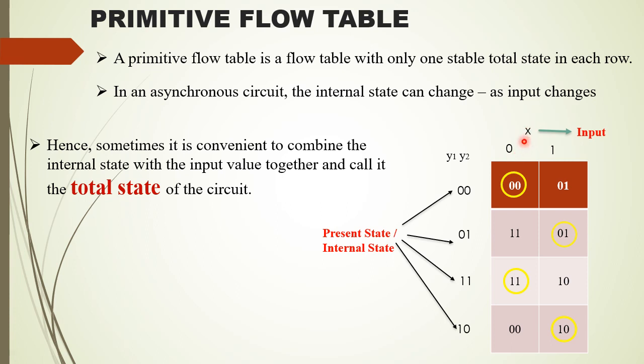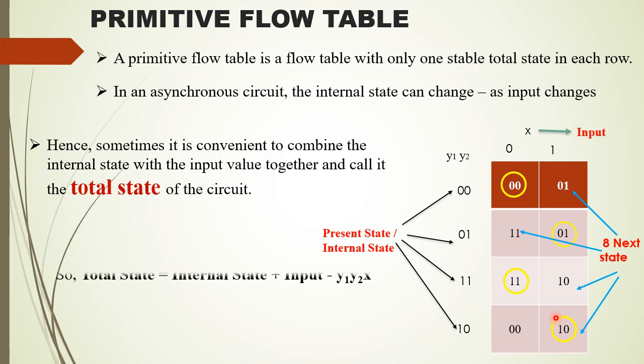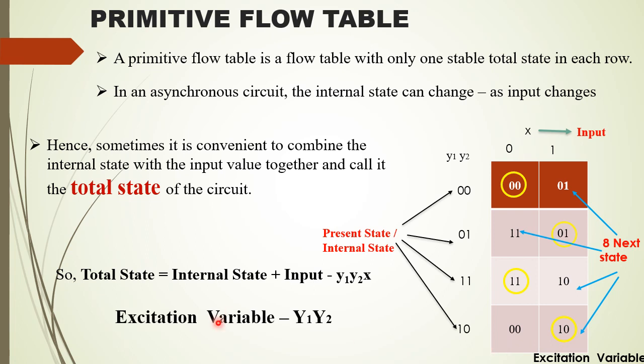For one input, there are two possible binary values, 0 and 1, and with two internal states, there are 4 different combinations, 00, 01, 11 and 10, and 8 possible next states. Together with y1, y2 and x, we call it a total state, and these next states are called excitation variables, capital Y1 and Y2.